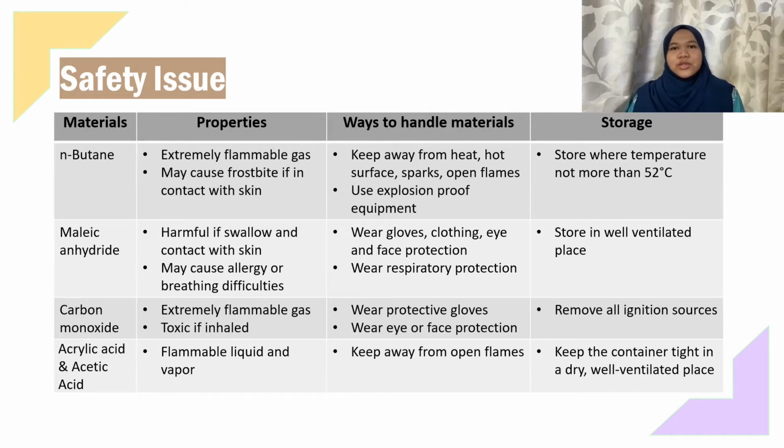We also need to store n-butane at a temperature not more than 52 degrees Celsius. For carbon monoxide, we need to remove all ignition sources. And the last one I want to emphasize is maleic anhydride, acrylic acid and acetic acid. We need to store them in a well ventilated space.